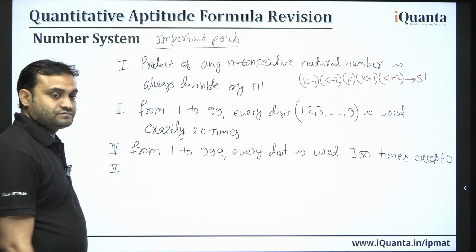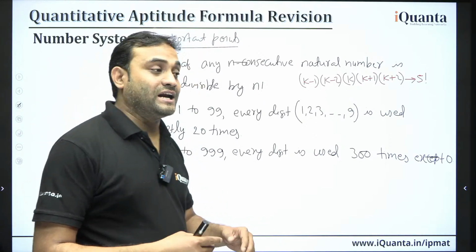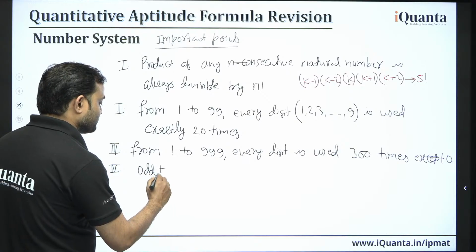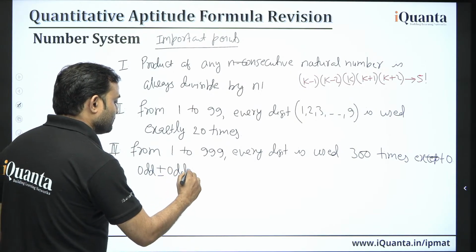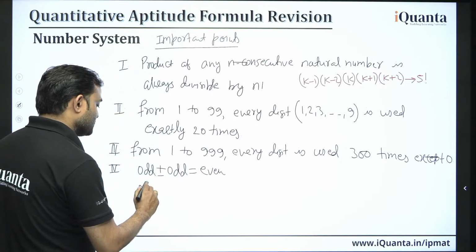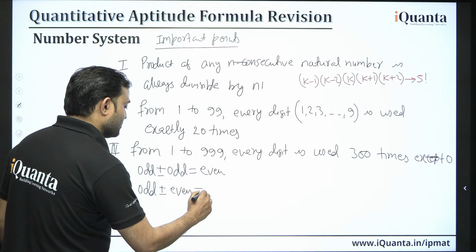Then, fourth point. Fourth point is the relation between odd and even integers. What is that? Odd plus minus odd will always be even. Odd plus minus even will always be odd.